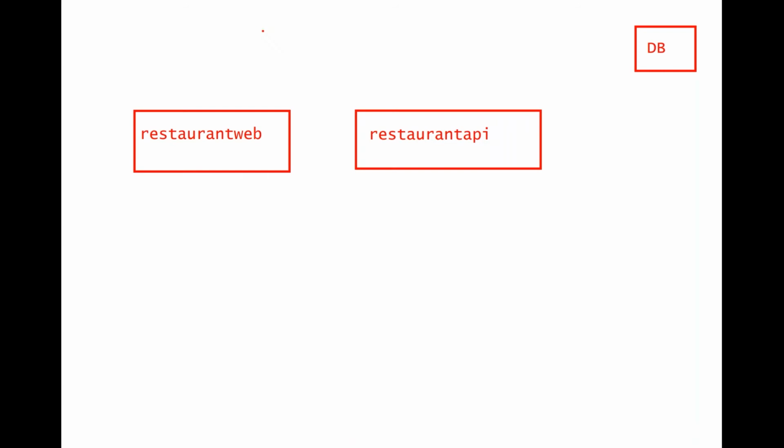And way over here, we have some end user who wants to access our application. Say we have some web server, and there we have our web front end deployed. Restaurant web is the web front end. Typically we do not let the front end application directly connect to the database. Even if you are using Java, it's typically a bad practice to let a web front end directly connect to your database server.